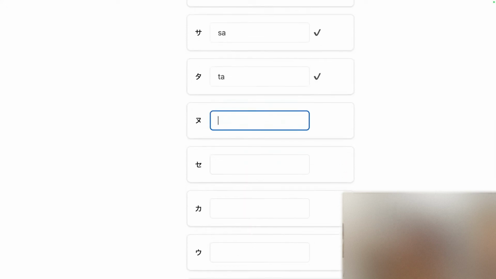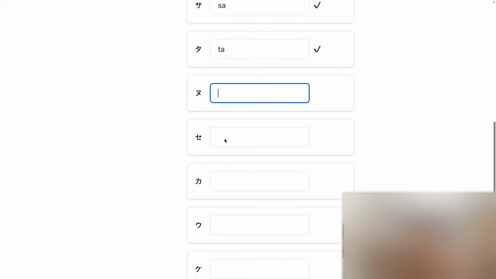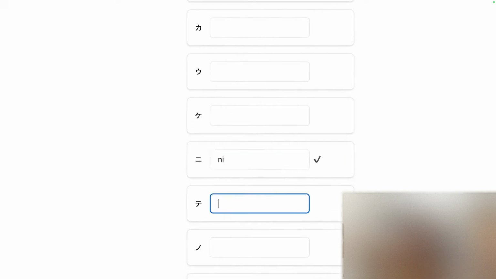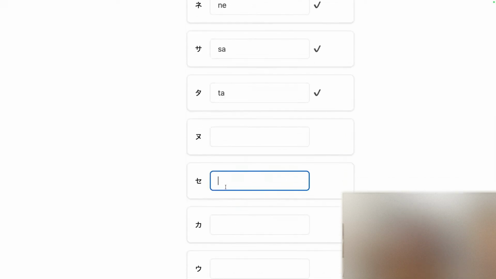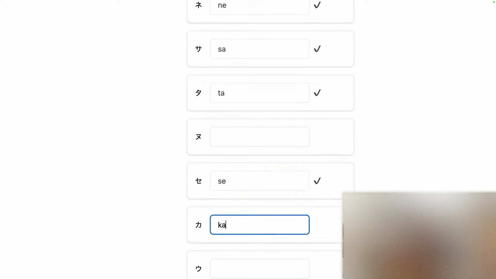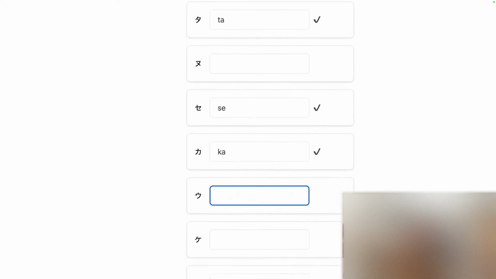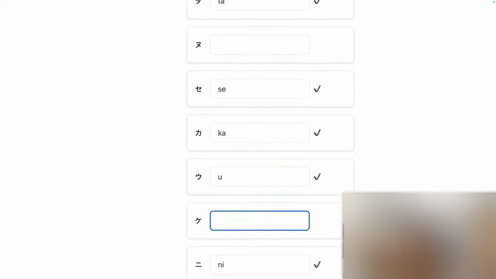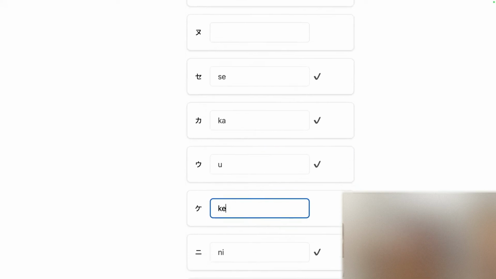Okay. This one. This is like in that cluster with the N's, right? Na, ni, nu, no. So this is Ni. This one I don't know, so I'm gonna skip it. But this is Se. Ka. I'm gonna skip it for now. So this is, this extends.